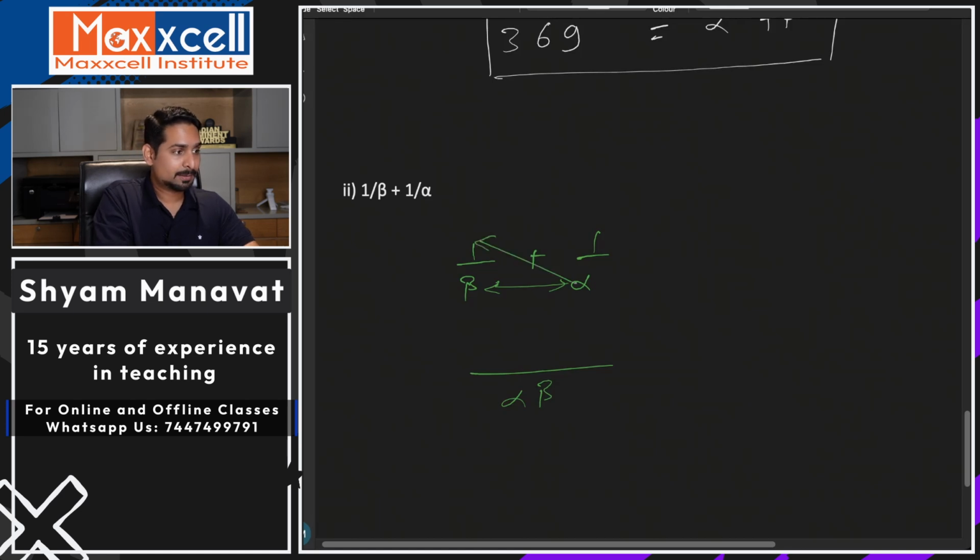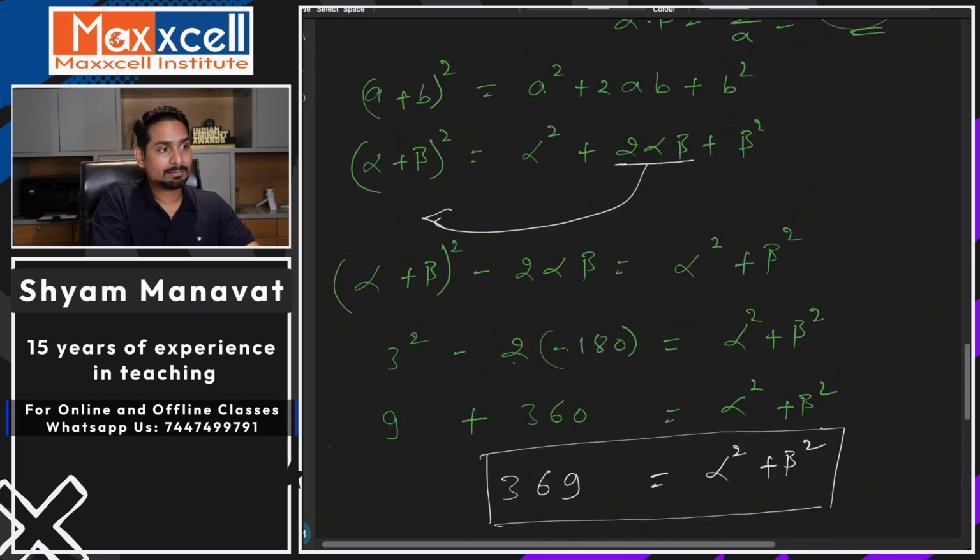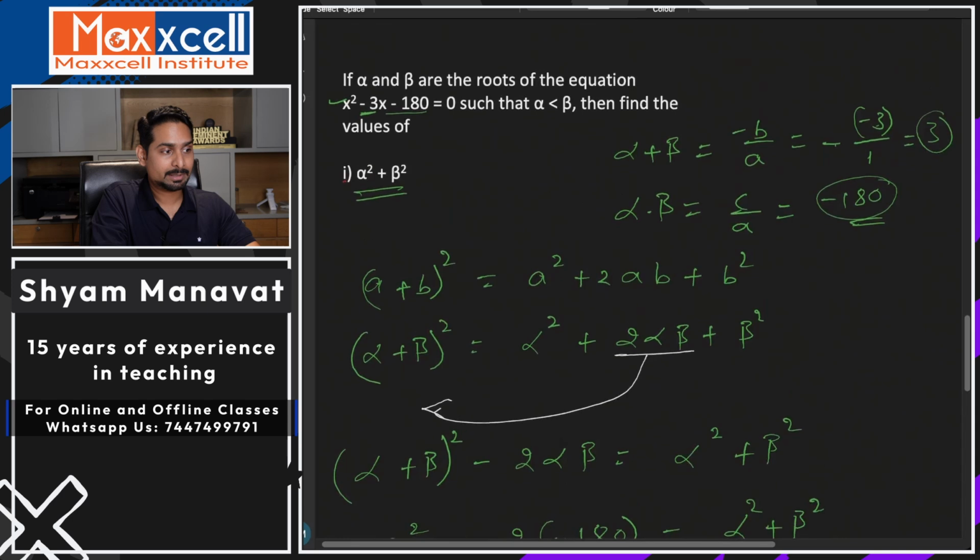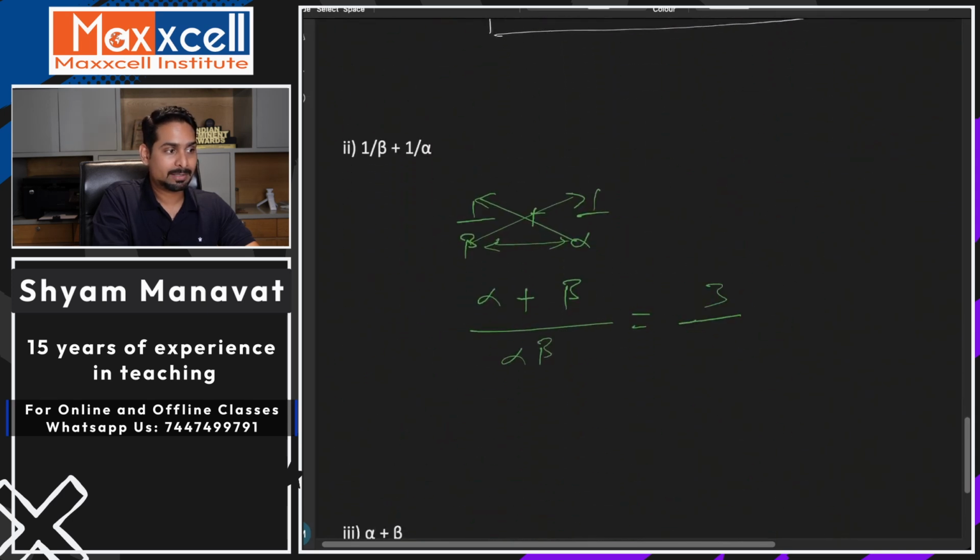Alpha here plus beta here, alpha plus beta. Now, you know alpha plus beta is what? 3. Substitute. Alpha into beta is what? Minus 180. Substitute. 3 cancel. 3 sixes are 18. You got 1 upon, or rather minus 1 upon 60 as the answer.